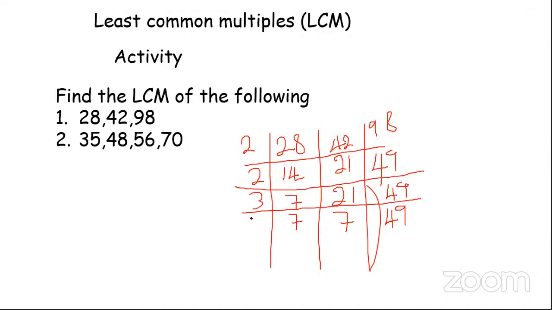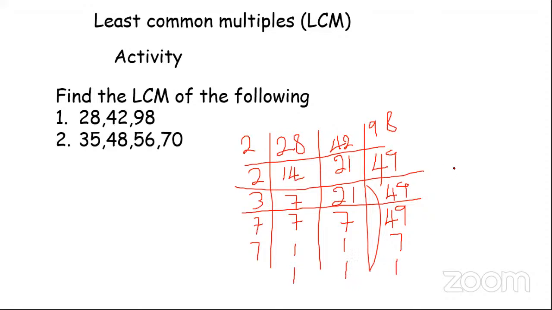Then here we are going to divide by 7. This will give us 1. And here 49 divided by 7 is 7. So we again divide by 7, and this will be 1.